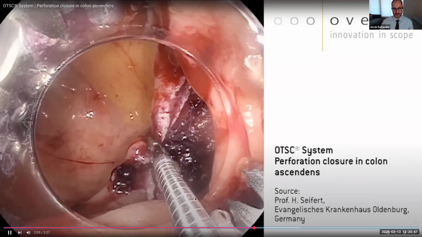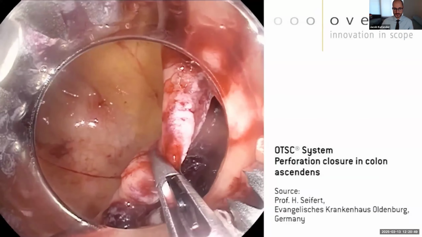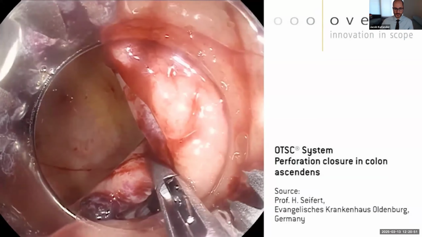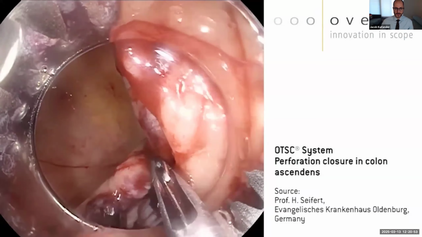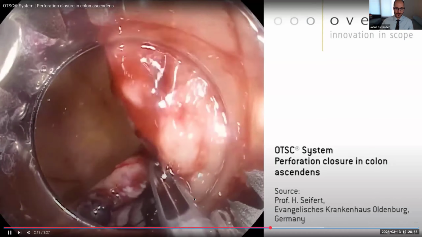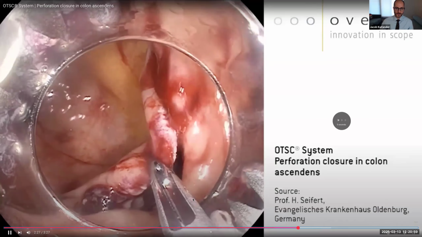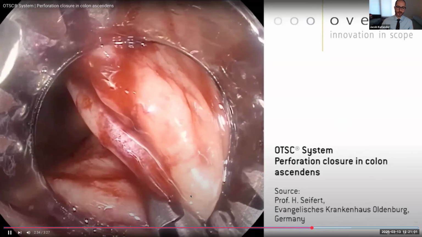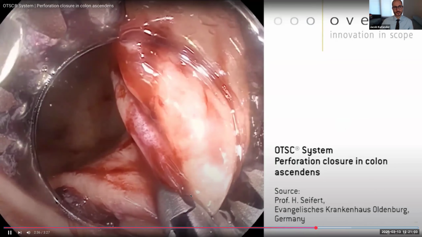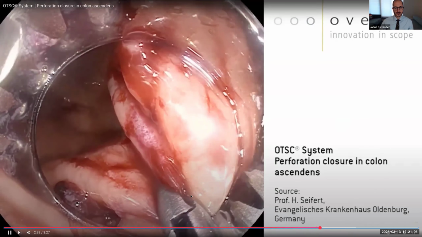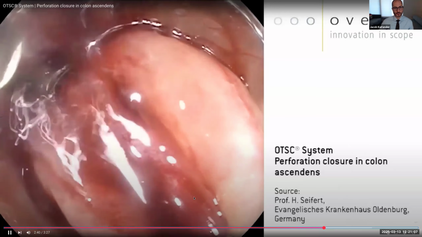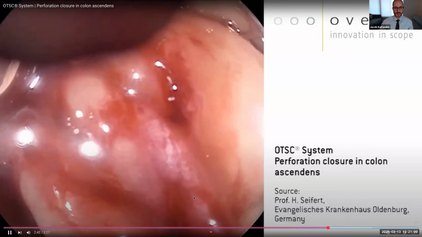So here they're grabbing the opposite side and then the near side. And once they have it, they pull this tissue into this clear cap, apply the suction, which kind of blanks out the screen, then manually deploy this bear claw.